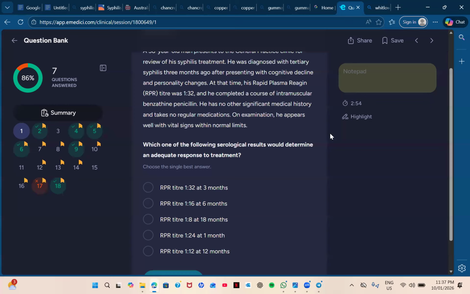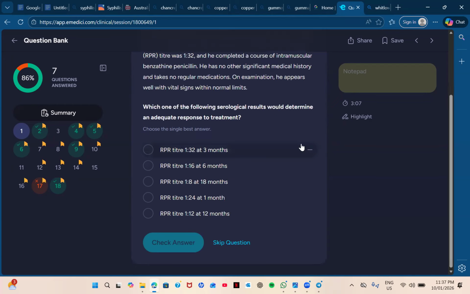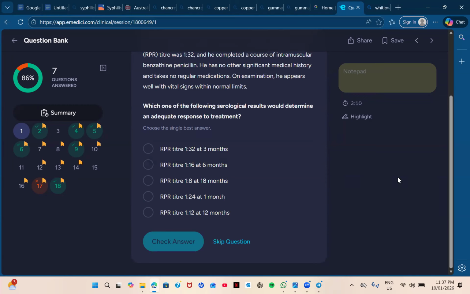He has no other significant medical history and takes no regular medications. On examination, he appears well with vital signs within normal limits. Which one of the following serological tests would determine an adequate response to the treatment? Let's try to answer this, then we will find it.